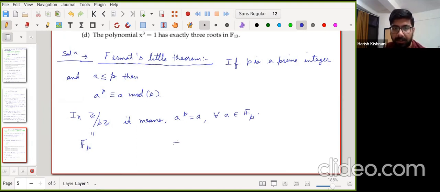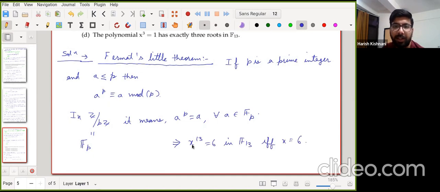This implies that x^13 is equal to 6 in F13 if and only if x is equal to 6.